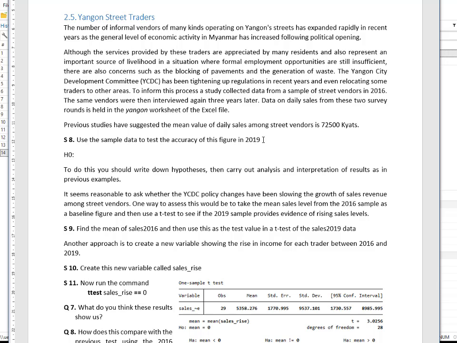So the null hypothesis is saying that the mean value of daily sales in 2019 was 7250.